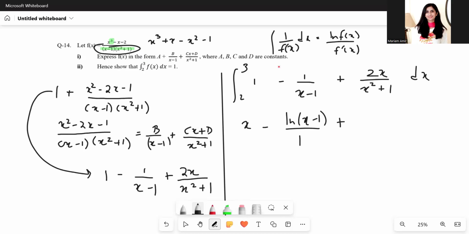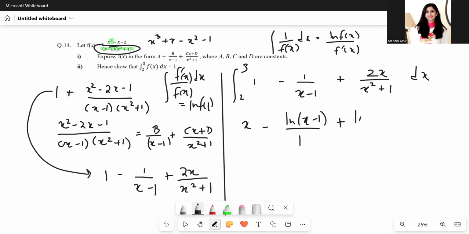Now plus, okay, for this one, we're going to use the rule integration of f'(x) over f(x). So if f(x) is nonlinear, you must have its derivative in the numerator, and this is equal to ln f(x) as well. So we have the derivative of x squared plus 1, which is 2x, in the numerator.